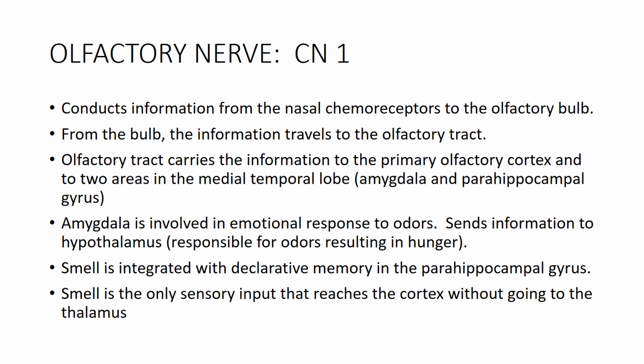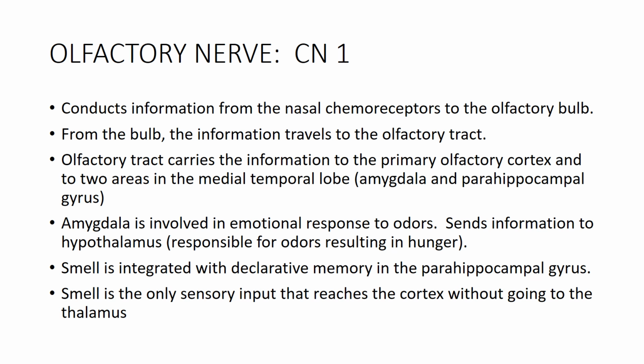And we also talked about that next point there, that the amygdala is involved in the emotional response to odors. So it sends information to the hypothalamus, which is responsible for the odors that result in hunger. So smells can generate an emotional response, and we talked about it being well integrated with memory in the parahippocampal gyrus.